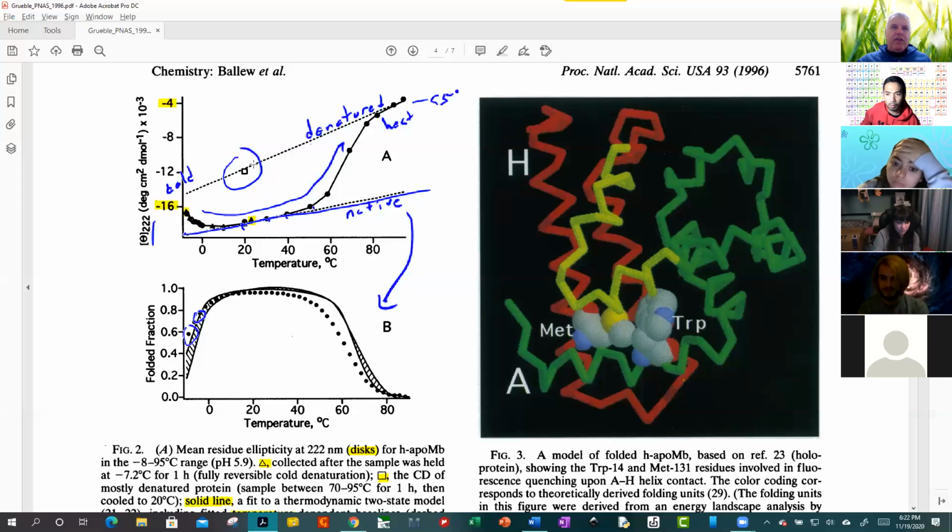So this is on the thermally denatured protein at 20 degrees. And down here, this is the native protein structure at 20 degrees. And how do they get this protein specimen to give us this ellipticity, or how do they arrive at this unfolded or denatured structure there?